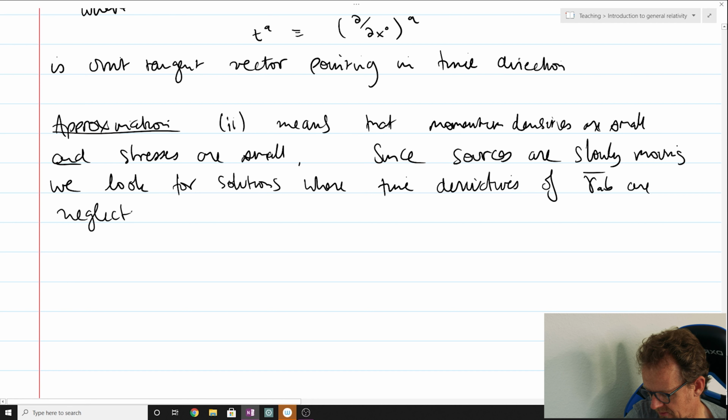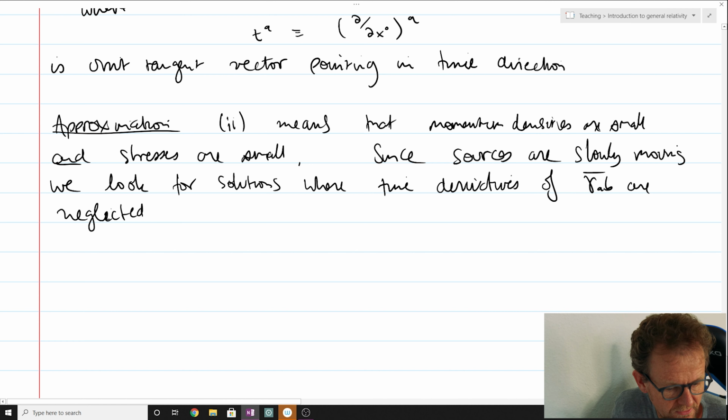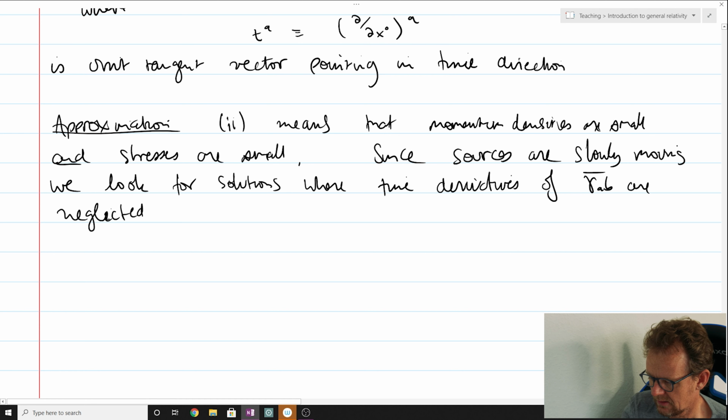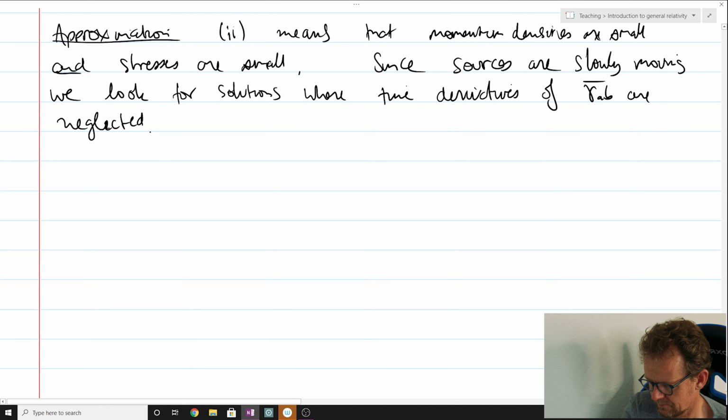So if the sources are sufficiently slowly moving, then we just assume that the gravitational field has instantaneously responded to the sources, and hence the time derivatives are vanishing. So a whole bunch of components, sorry, of the linearized Einstein field equation will vanish.